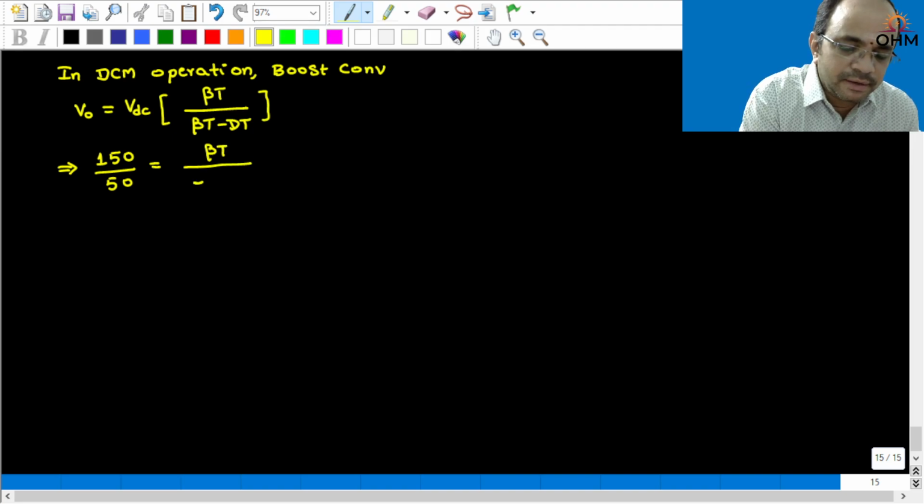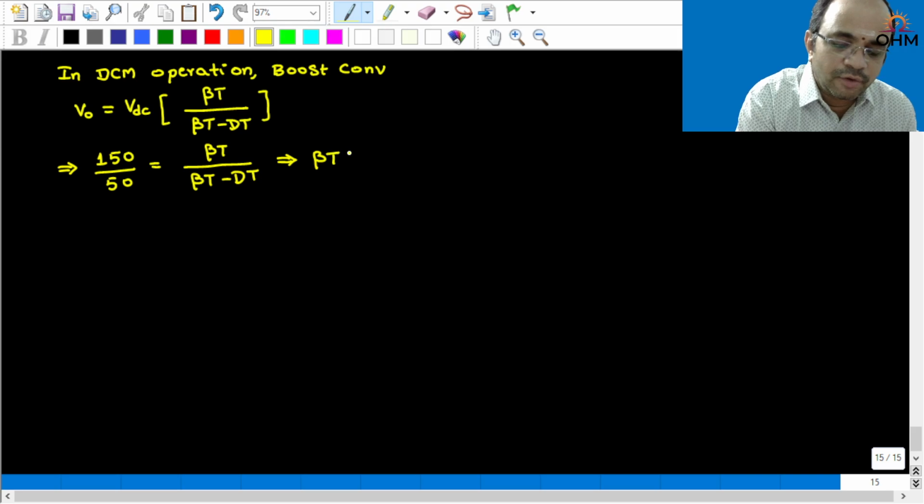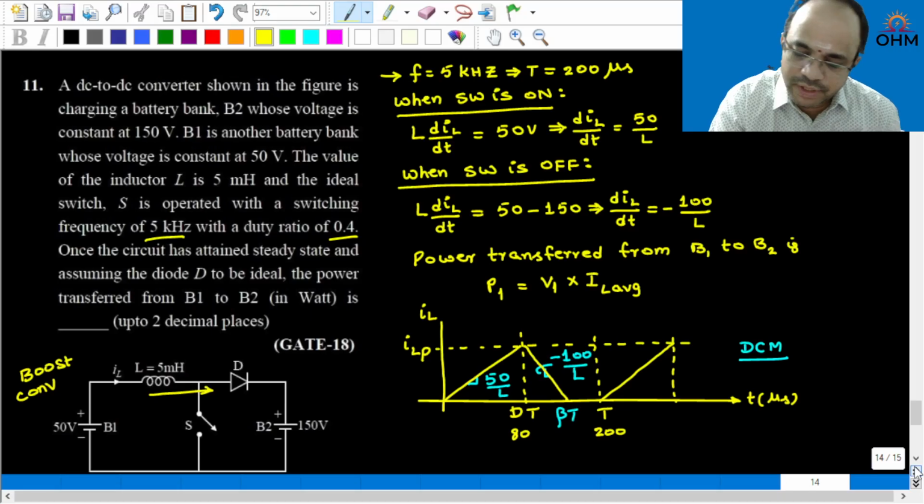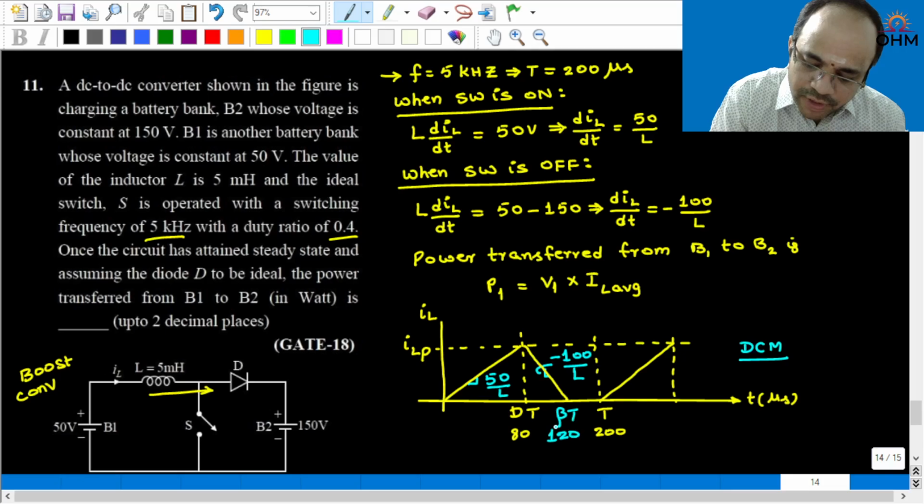Beta t by beta t minus dt, where dt is equal to 80 microsecond. Now by solving this equation, we will get beta t is equal to 120 microsecond. So this beta t value will be 120 microsecond.